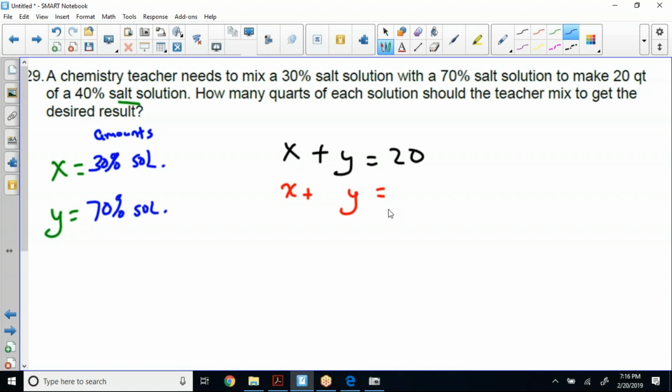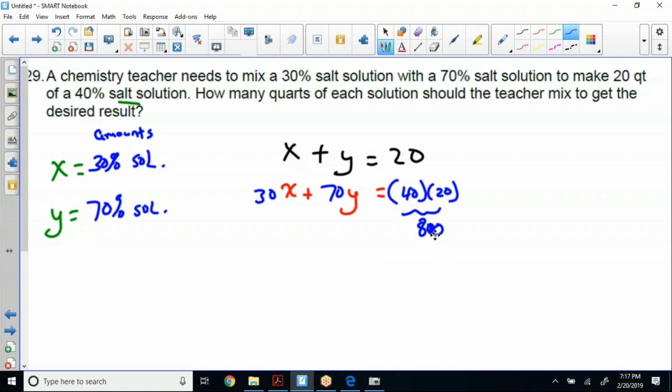We have 30% solution times how much we've got, plus 70% solution times how much we've got, equals what this ought to be, 40% of 20. 40 times 20, you with me? Which gives me 800. Y'all okay with that?